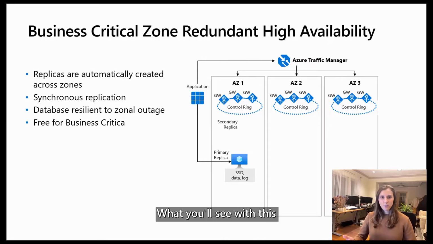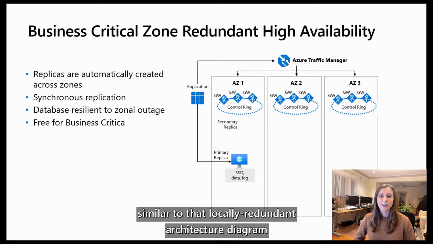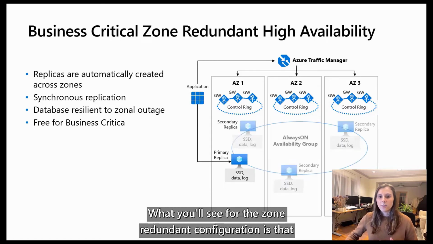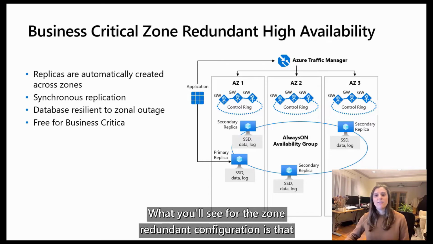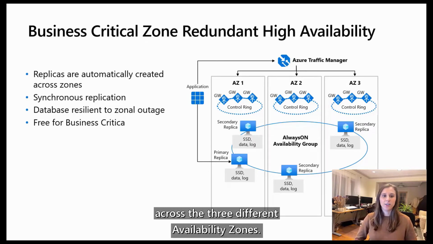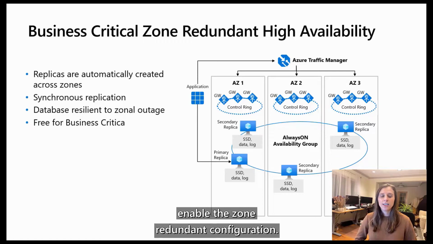What you'll see with this architecture diagram is that it looks really similar to the locally redundant architecture diagram that we looked at earlier. For the zone redundant configuration, these replicas are spread across the 3 different availability zones. We automatically do this when you enable the zone redundant configuration.